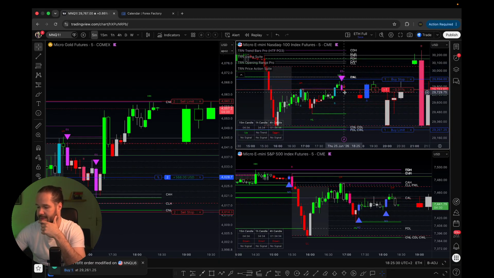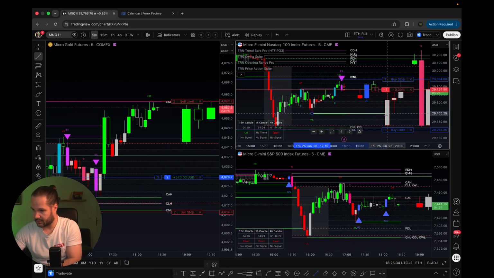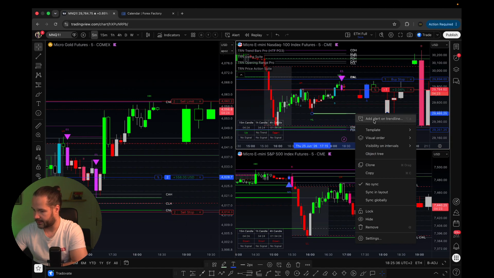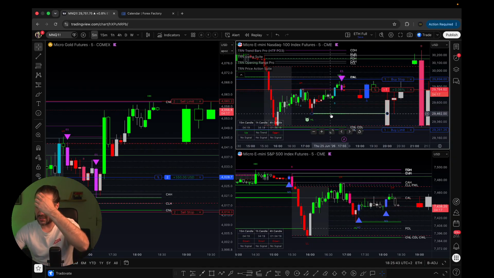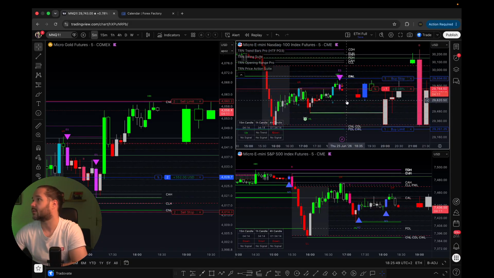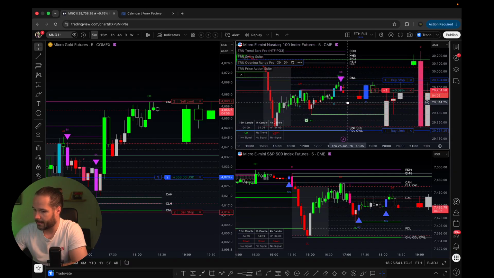I will let it run. I will place a line here and add an alert. So this is the next area where I need to check if we get a reversal or not, or if we continue to my target. And otherwise I will close this trade at the end of the US session if it's still open then.